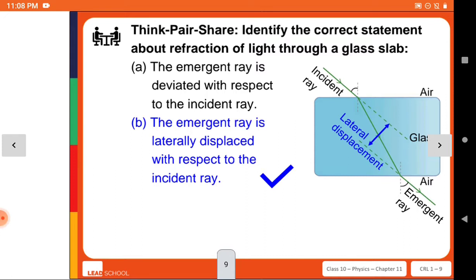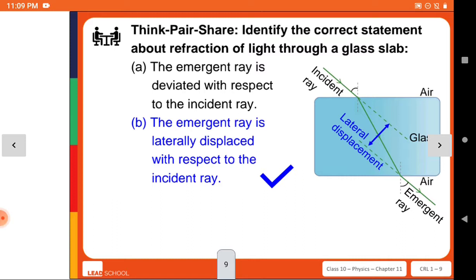So students, look at the picture. In this case, identify the correct statement about the refraction of light through a glass slab. One is that the emergent ray deviates with respect to the incident ray, and second is that the emergent ray is laterally displaced with respect to the incident ray.